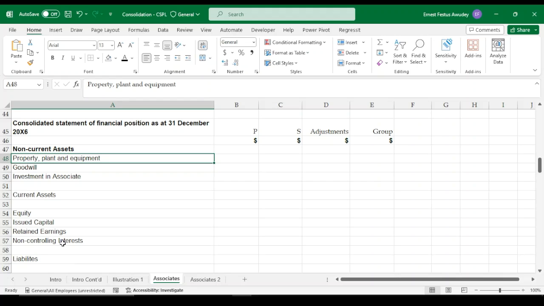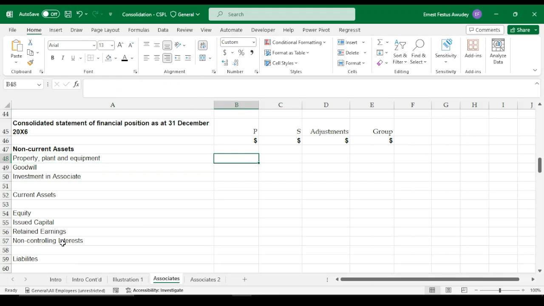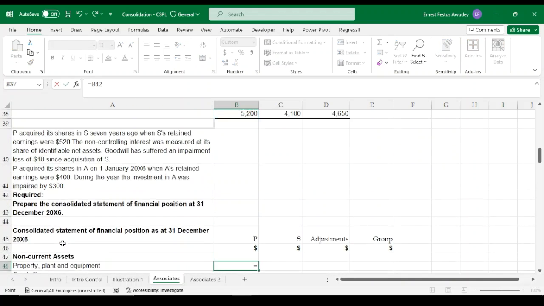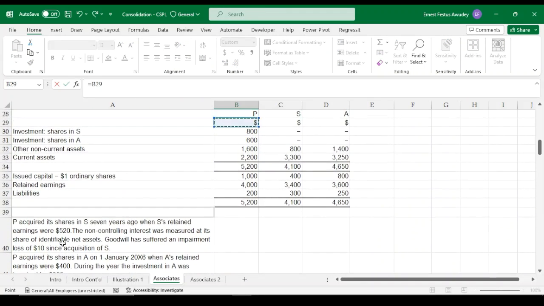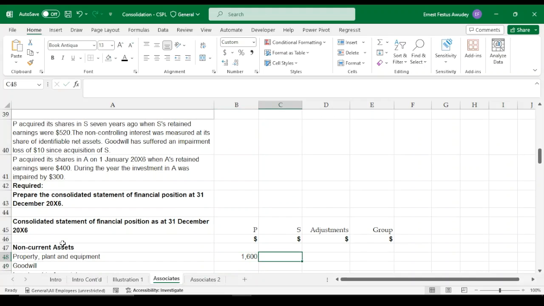Now that we have drawn up our pro forma figure, let's go and input our figures. So for my property, plant, and equipment, I'm going to link the figures here. So we have non-current assets 1,600 for the parent, and then I'm going to use Control R to get the figure there.